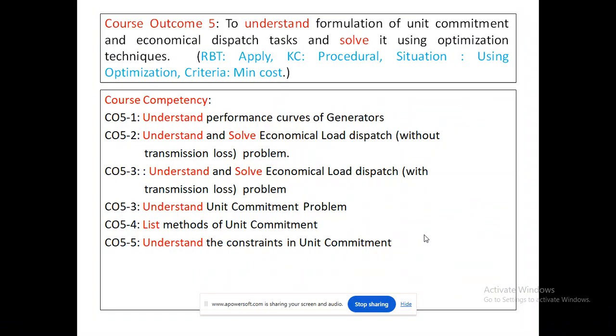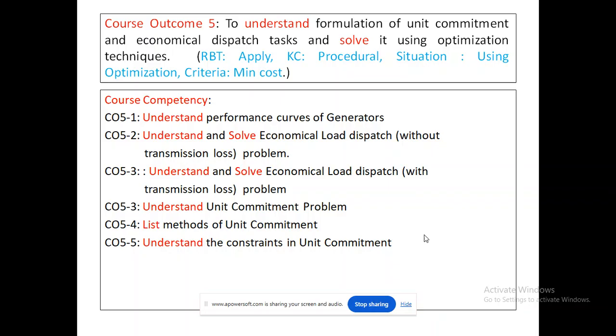The rubrics as per the revised Bloom's taxonomy: it is applied; knowledge category, it is procedural; situation using optimization; criteria minimum cost.